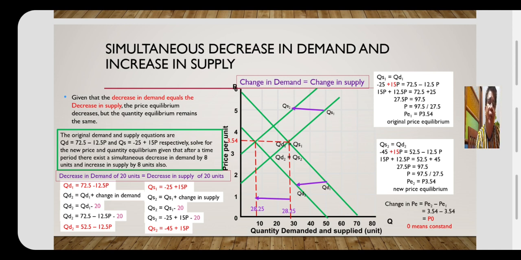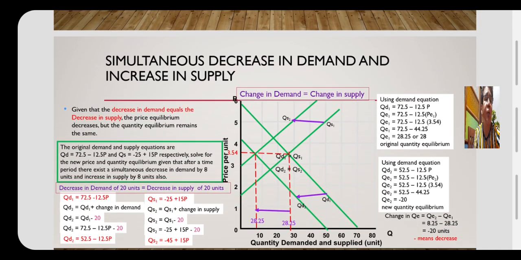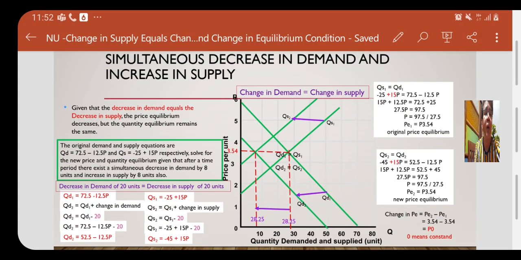The quantity equilibrium actually decreased from 28.25 to 20. Please make a correction.